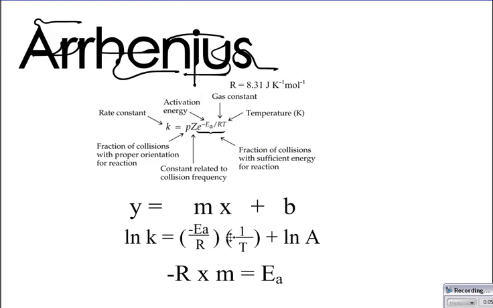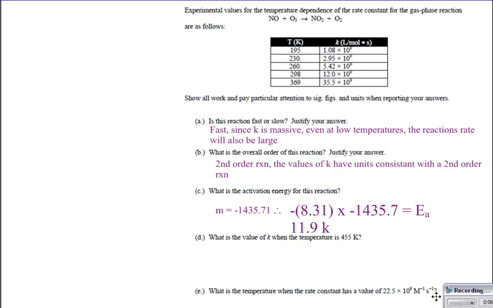We're multiplying by the reciprocal of temperature. So that means that our answer would have joules per Kelvin mole and joules per mole and no Kelvin, because we're multiplying by a temperature. So our units for activation energy are going to be kilojoules per mole.